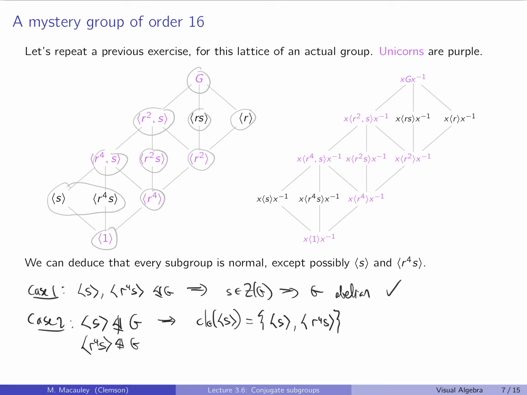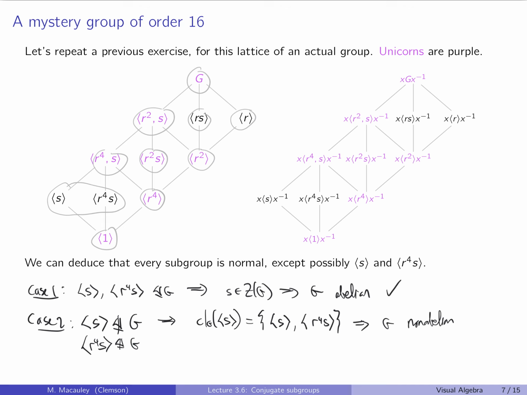And this is going to force G to be non-abelian because this subgroup cannot be central by what we proved in one of the first few slides. So it does not commute with everything, so G has to be non-abelian. Now, I'm not necessarily saying that both of these are actually possible. Maybe neither is possible.